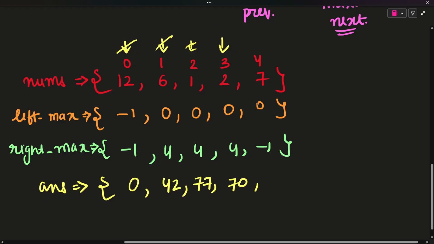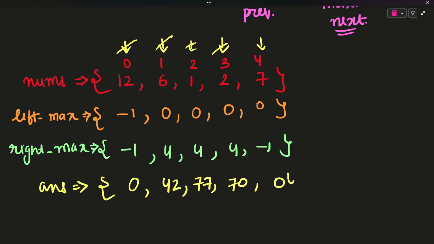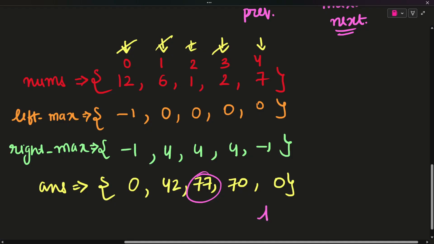Then we move to this index. For 7, we have a left element, but we don't have a right element. So it will be 0. So by far, what's our maximum answer? It's 77, right? So the answer will be 77.